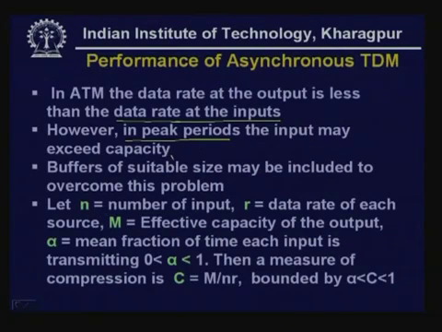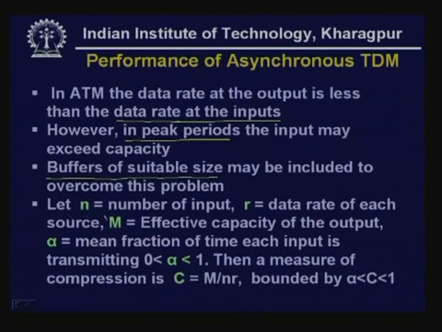Because the output bandwidth is smaller than the sum total of the input bandwidth, in peak periods there will be some kind of overflow, it will exceed the capacity. How can we overcome this? To overcome this, we can use buffers of suitable size to store the data, which can then be sent at later time slots. So, some experimentation has been done by which one can decide what should be the buffer size for achieving efficiency.